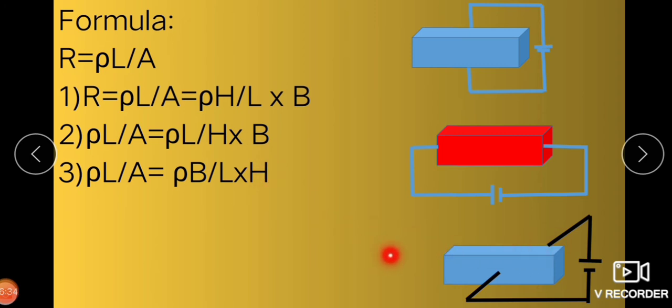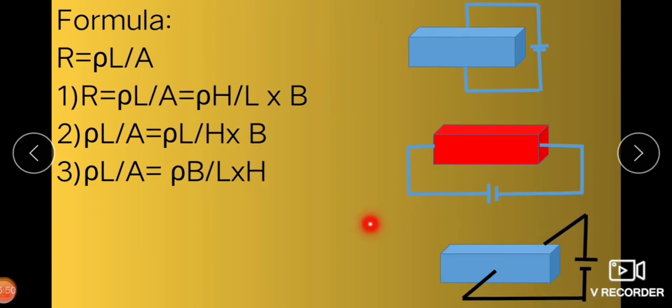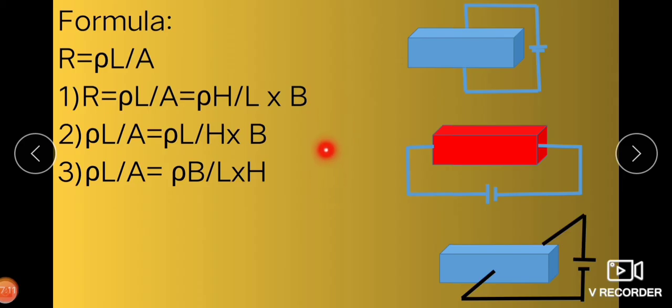And in the third case, breadth is taken as the length and the area of cross section is height into length. If someone gets confused in taking the length and area of cross section, their answer will definitely go wrong. So do not make mistakes and solve correctly.